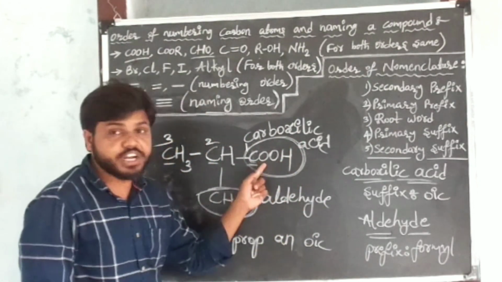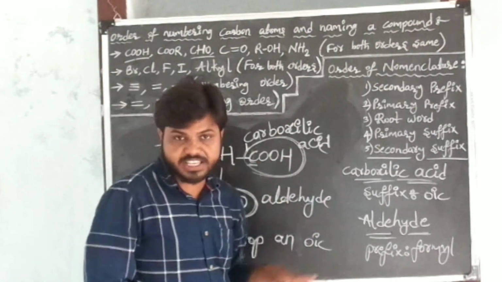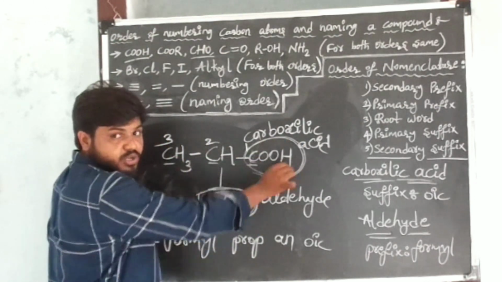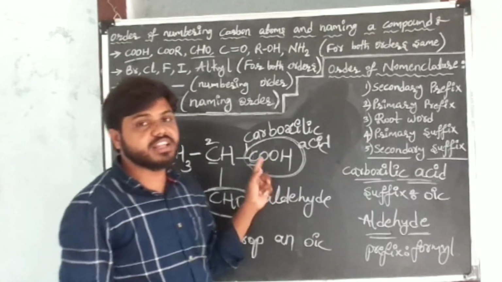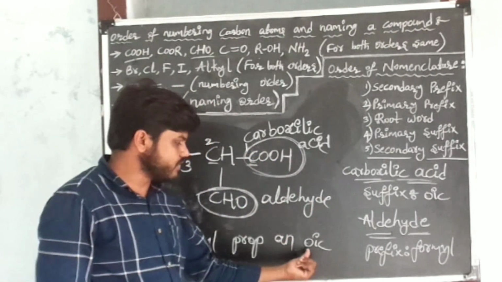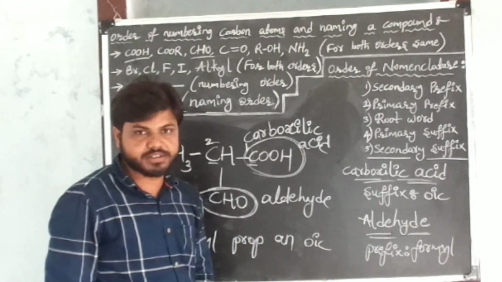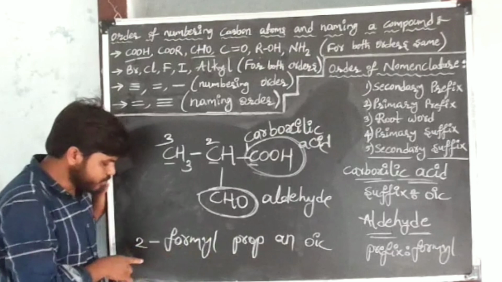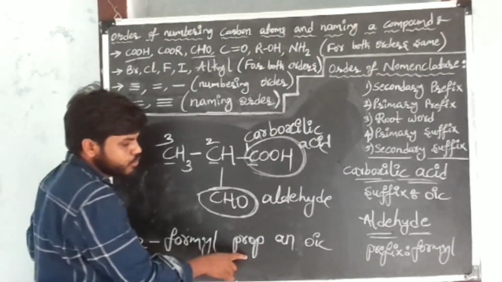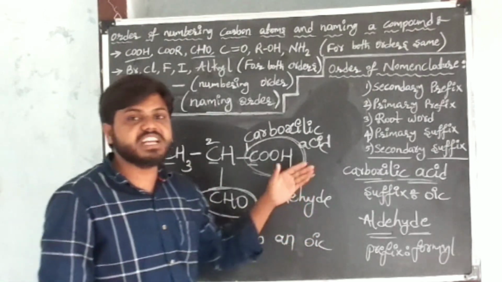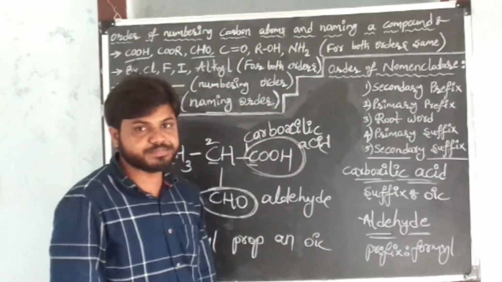That's why no need to write the position of the carboxylic acid, just write the suffix. I have written the suffix of acid, that is oic. This is our required IUPAC name of the given carbon compound, that is 2-formylpropanoic acid.